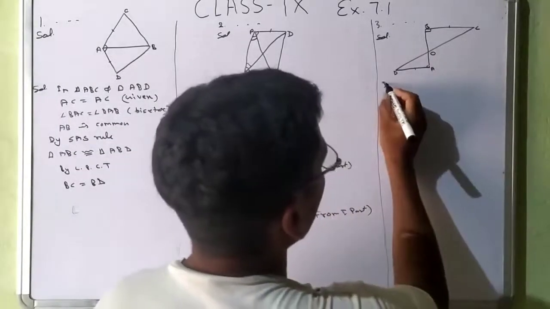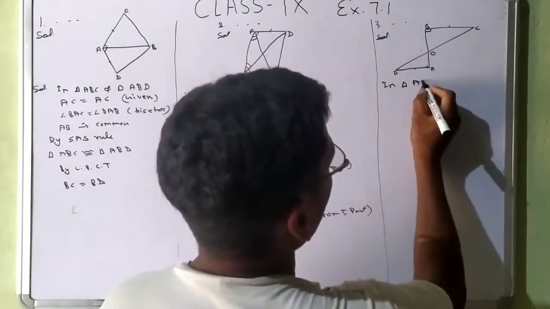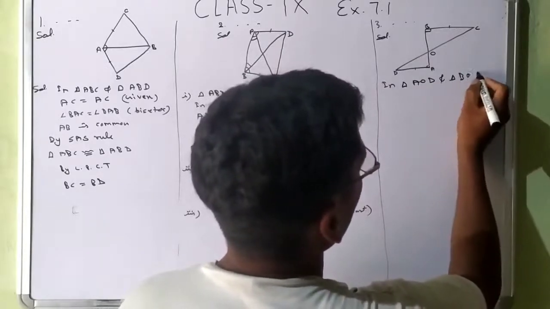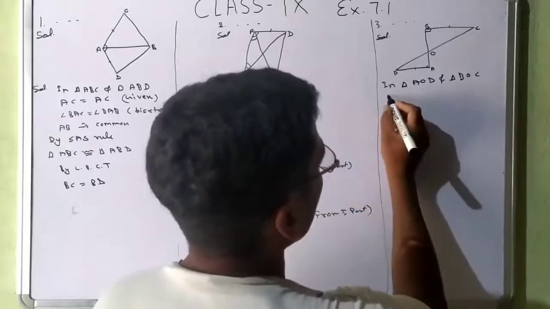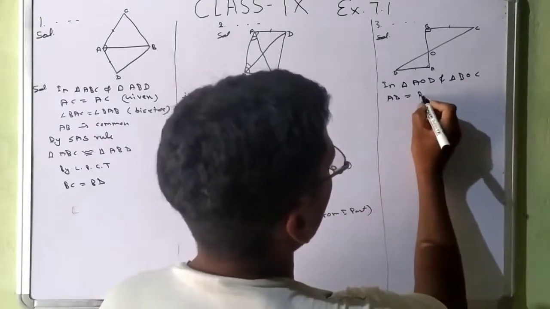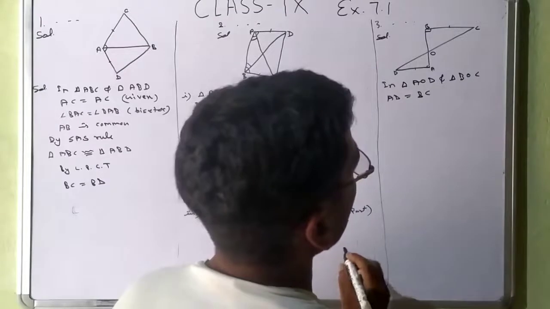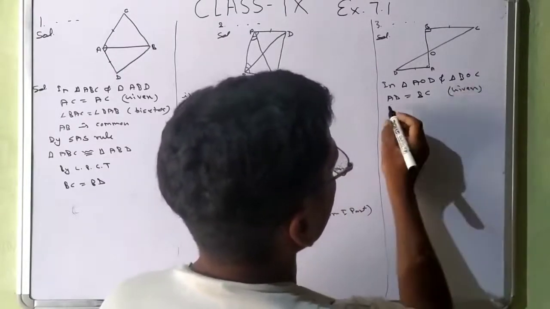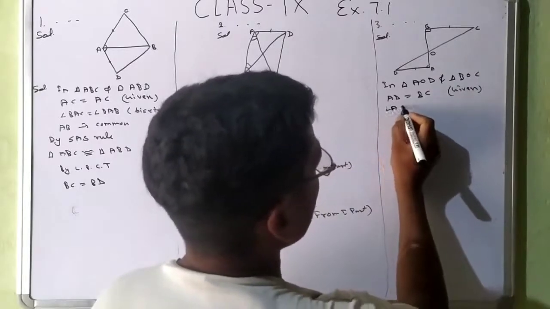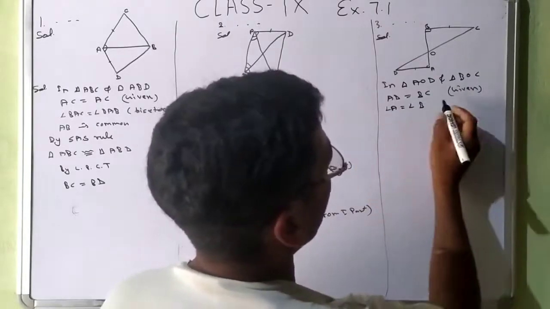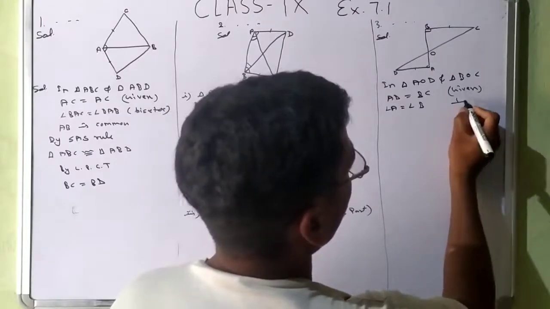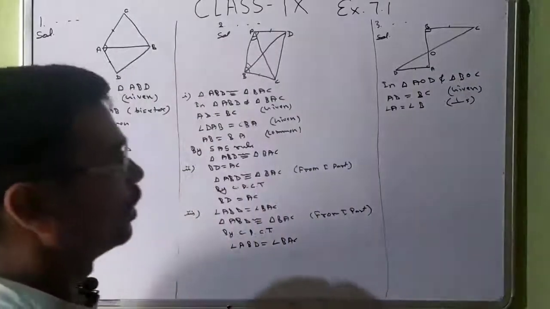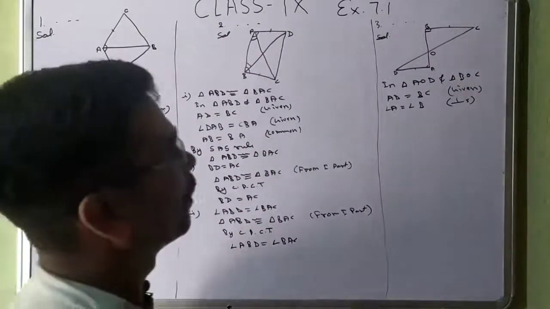So in triangle AOD and triangle BOC, AD is equal to BC. That is given, right? And then angle A is equal to angle B by perpendiculars. BC and AD are perpendicular, so that will be 90 degrees. That's equal, right?